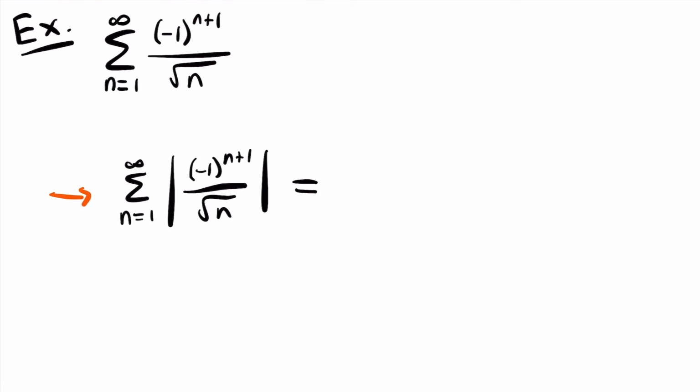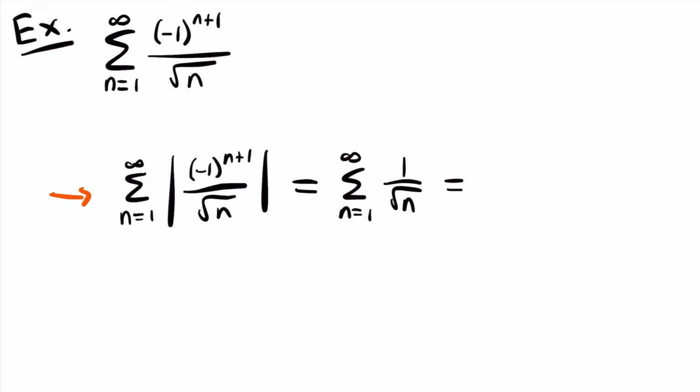And so this will be equal to the sum from n equals 1 to infinity of 1 divided by the square root of n. All right, and so that numerator just became 1, and in the denominator, we just have the square root of n, and remember that that output should always be positive. Okay, and so now we have a series that we can identify to be a p-series, right?